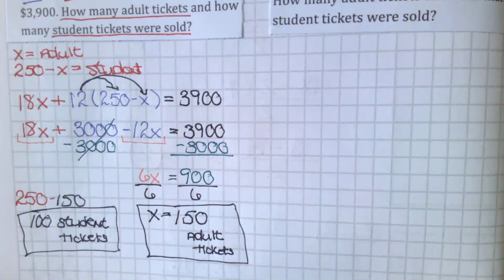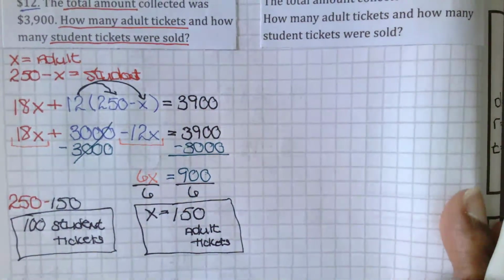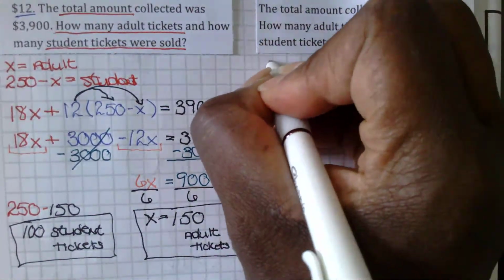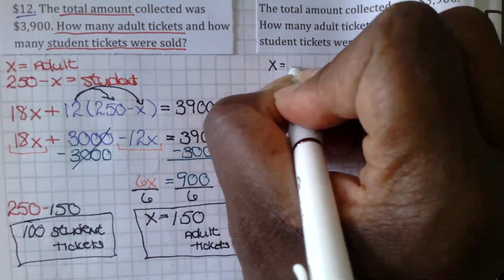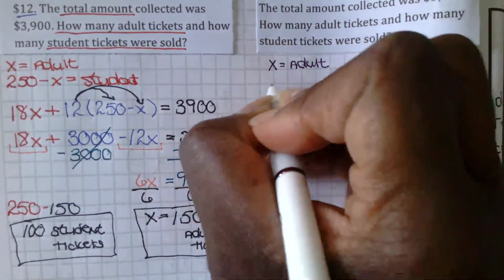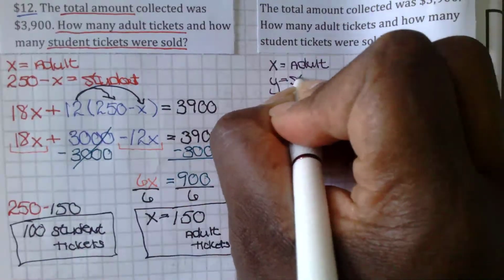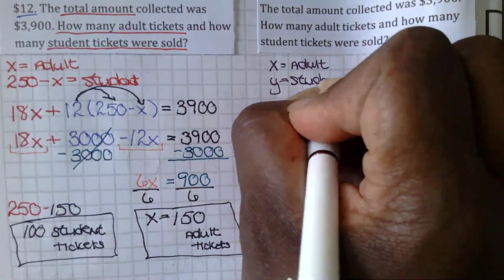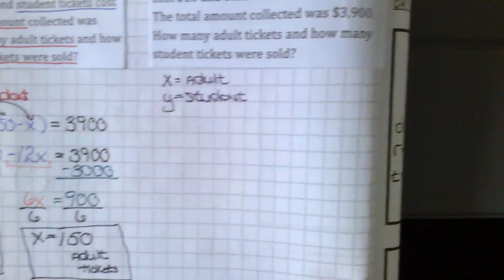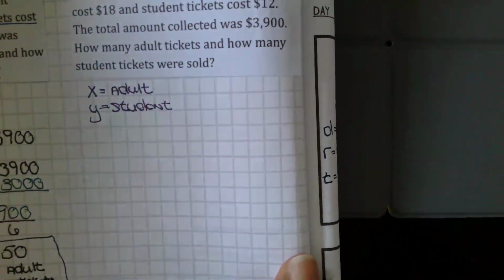So, same scenario, but we're going to do it differently. Again, the x is going to represent the adult tickets, and I'm going to say the y is going to represent the students. So let's slide over here so we can focus our attention on this one.